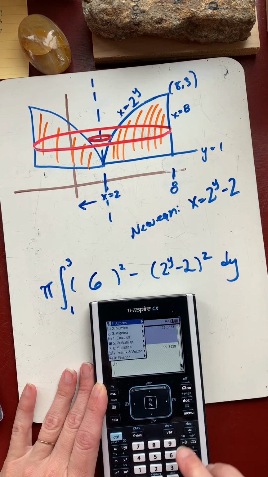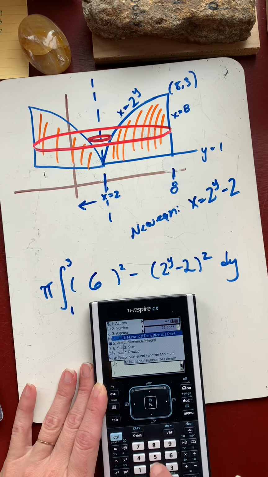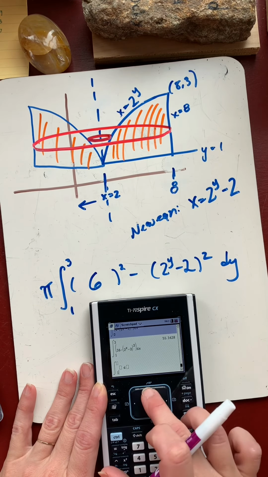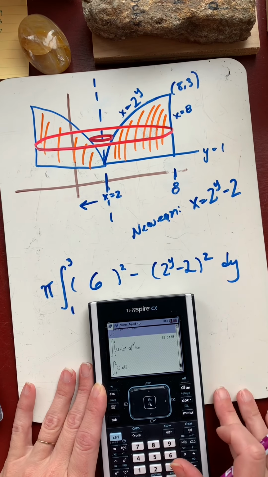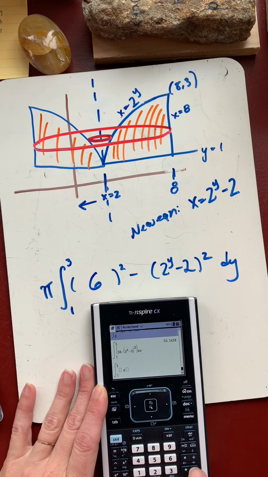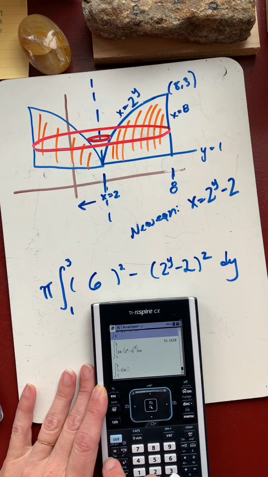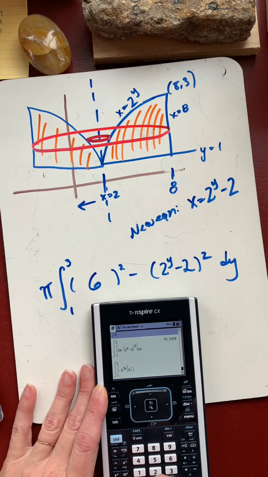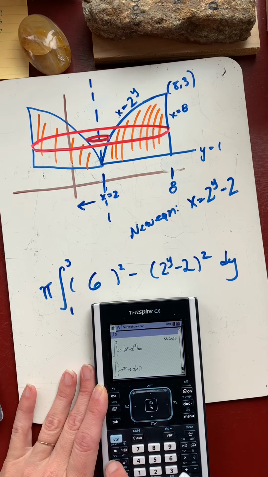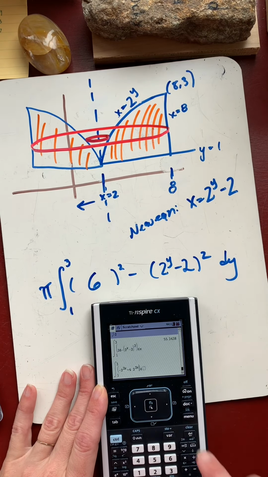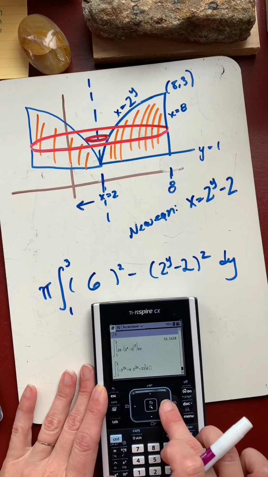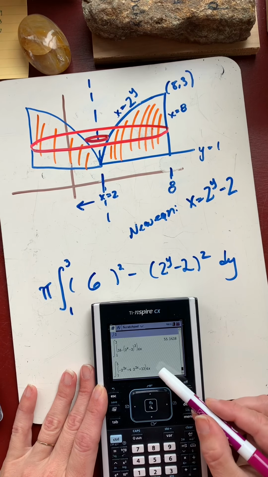So they have negative 2 to the 2x plus 4 times 2 to the 2x plus 32. Just double checking that.